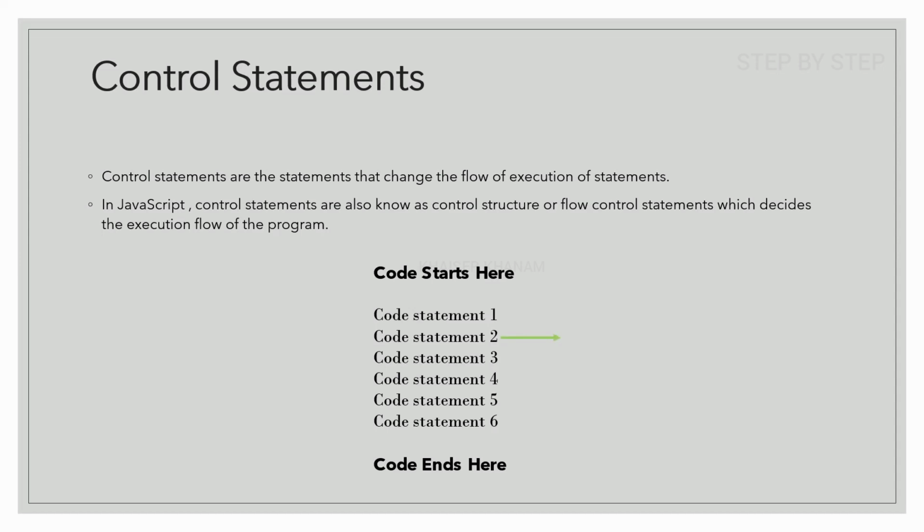And my second requirement is for this code statement 2, I just want to check some of the condition. I want to check if the number is 0. I want to check if the number is positive or negative. I want to check the year which is mentioned in the code line 2, whether it is a leap year or not. I want to check so many conditions that can also be done using control statements.